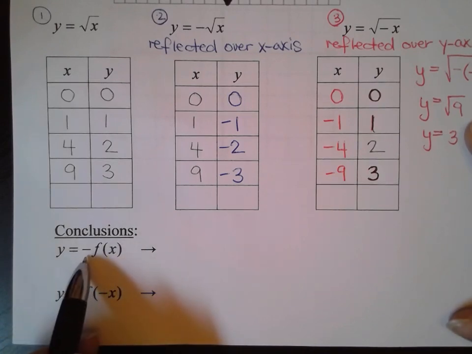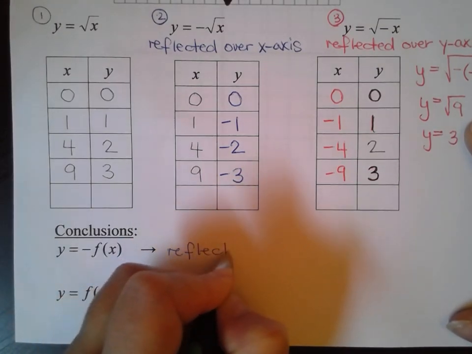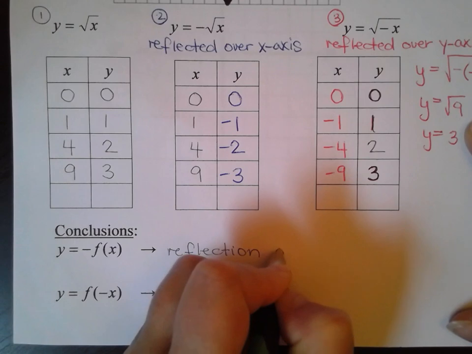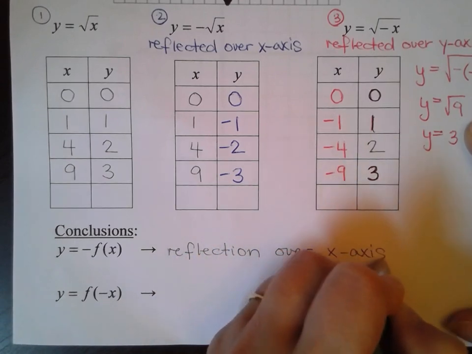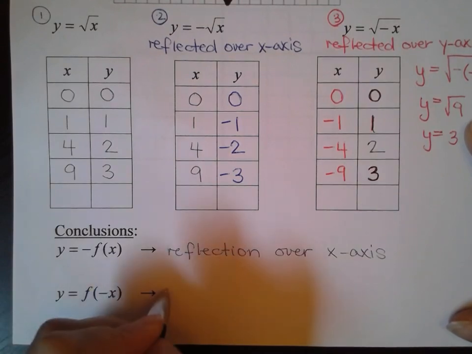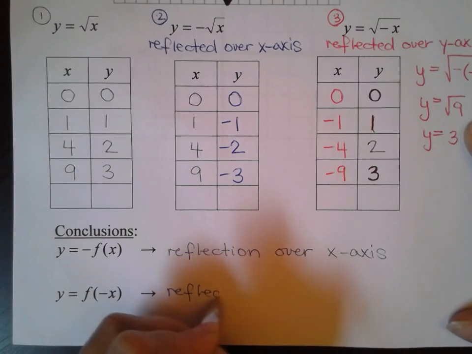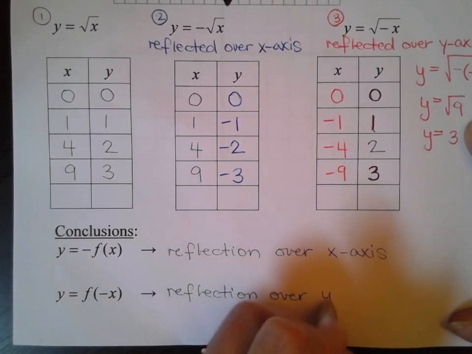If I put the negative on the outside, I'm going to see a reflection over the x-axis. If I put a negative on the inside of the function, right, within the squaring or within the square root or within whatever kind of function I'm using, I'm going to see a reflection over the y-axis.